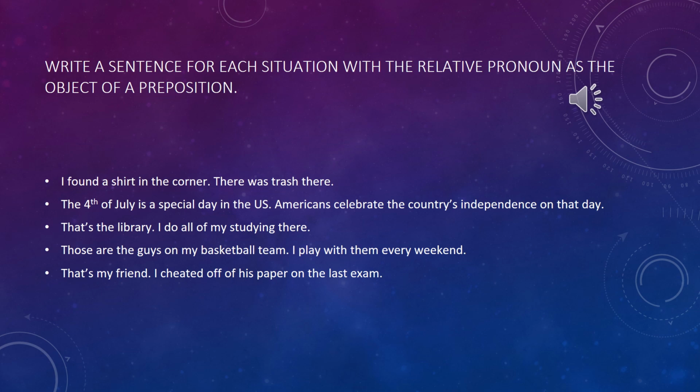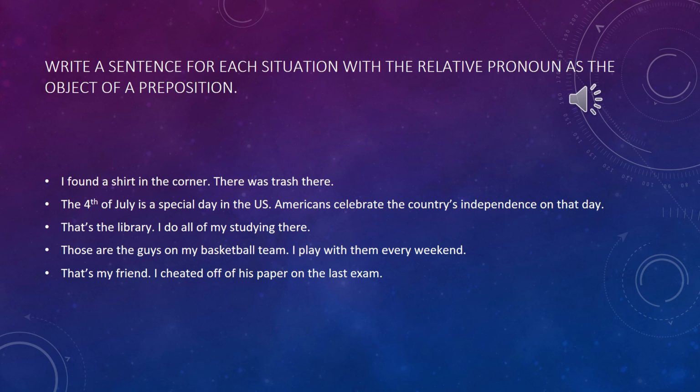Full stop. We also know that we can use a preposition plus which to replace where. It's not any more or less correct. It's just an alternative. So I found a shirt in the corner in which there was trash, because the trash is in the corner.